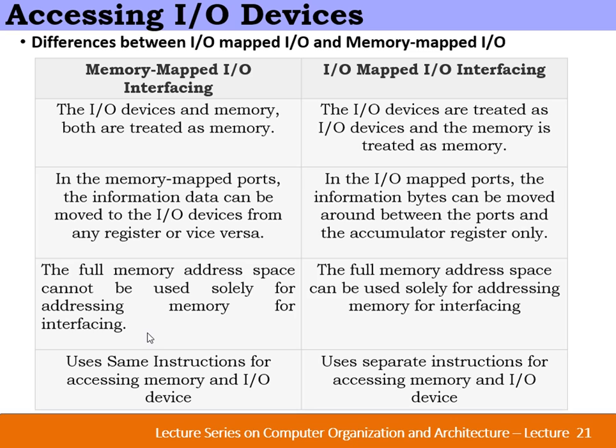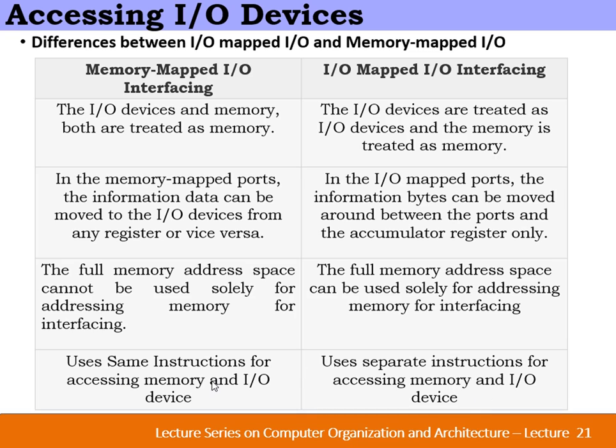Coming to accessing the data, in memory mapped IO we can make use of the same instructions for accessing memory and IO, for example MOVE. Whereas in case of IO mapped IO, we have to make use of separate instructions for accessing memory and the IO device.